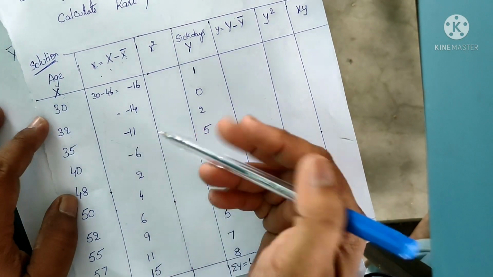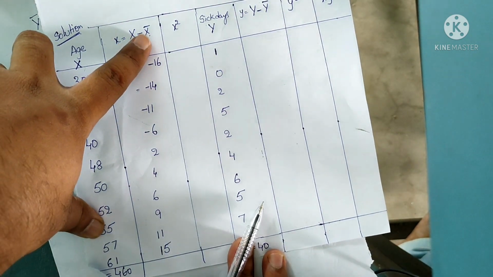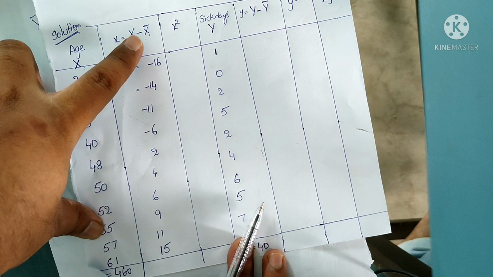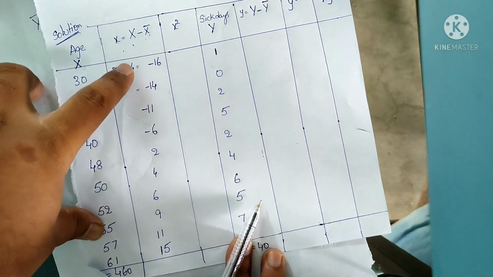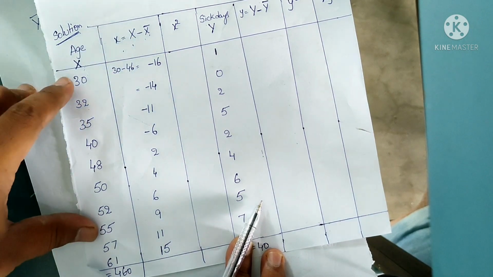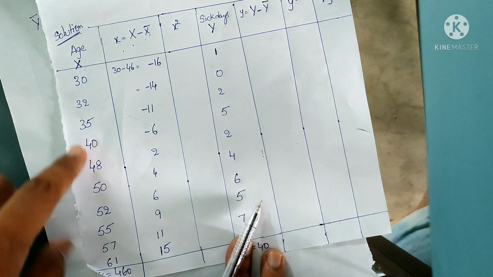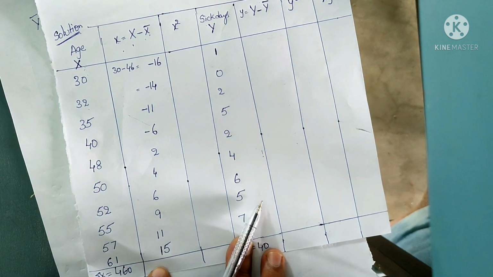All these x values should be subtracted from the mean value x bar, which is sigma x by n, equal to 46. So x minus x bar is 30 minus 46, minus 16, minus 14, minus 11, and so on. Similarly 61 minus 46 equals 15.